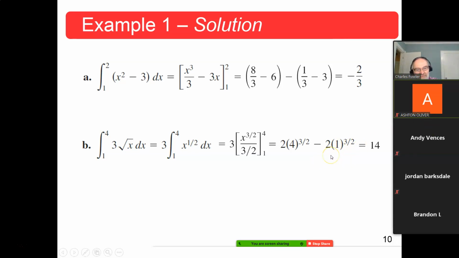So that's just minus 2. 14. Good for them. And the next one, the antiderivative of secant squared is tangent. Evaluate that from 0 to pi/4. They don't write it down. They just say that's 1 and that's 0. 1 minus 0 is indeed 1. Good for them. Okay. Any questions on those?